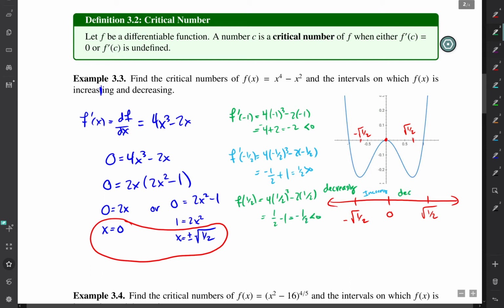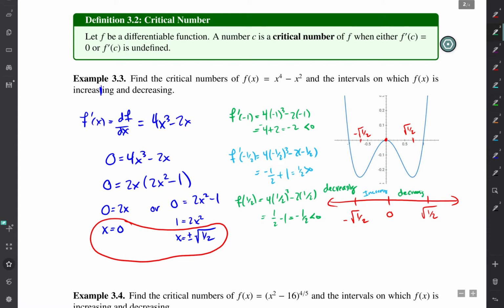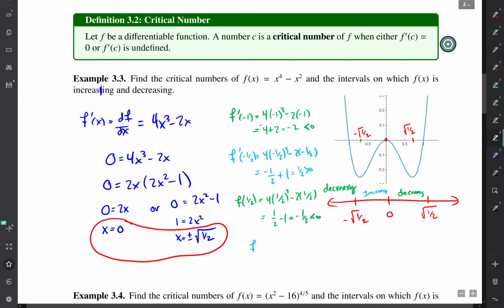So again, it's decreasing from 0 to square root of 1/2. And then finally, if I plug in f prime of 1, then I will get 4 times 1 minus 2 times 1, which is 2. That's greater than 0. So again, it's increasing on that last interval.